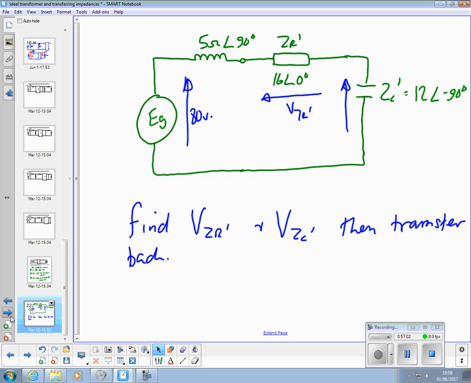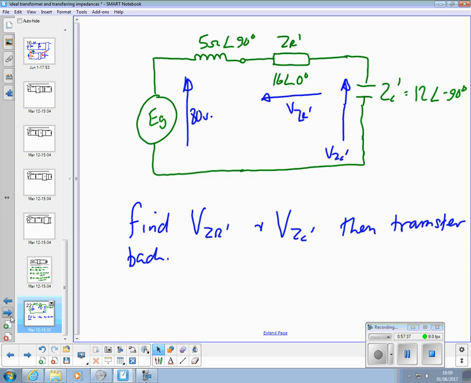So where are we going to start with actually finding out the value of those two voltages? What other value do we need to find that we haven't been specifically asked for? To find those, what do we need to know? We need to know the current. To find the current, what do we need to know?